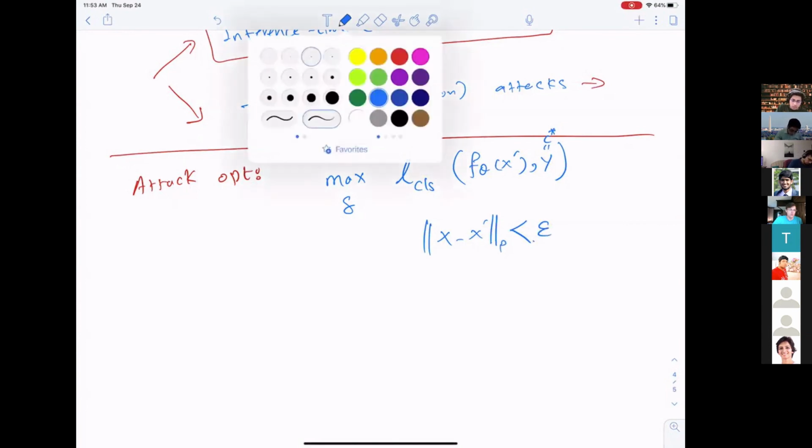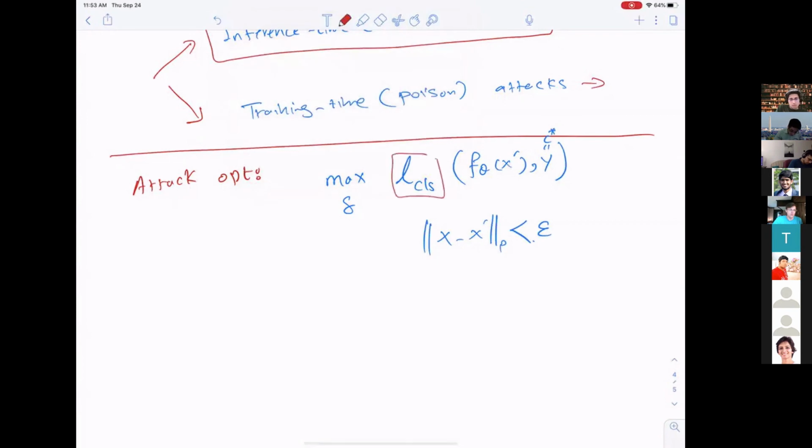For the classification loss, again, you can use cross entropy, or you can use other surrogate loss functions.